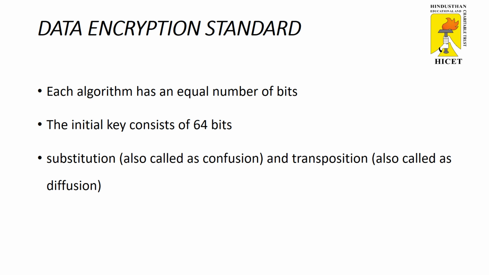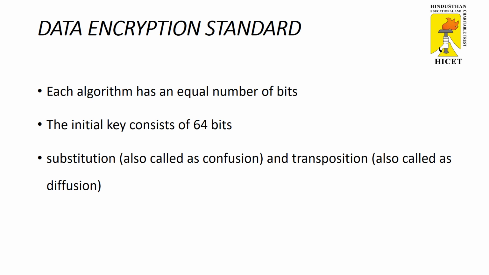Before the Data Encryption Standard process starts, every 8th bit of the key is discarded to produce a 56-bit key. That is, bit positions 8, 16, 24, 32, 40, 48, 56 and 64 are discarded. The discarding of every 8th bit of the key produces a 56-bit key from the original 64-bit key.